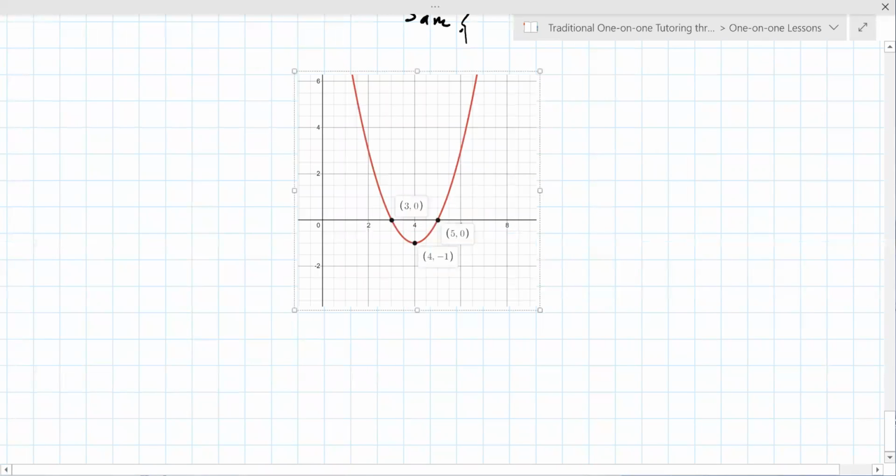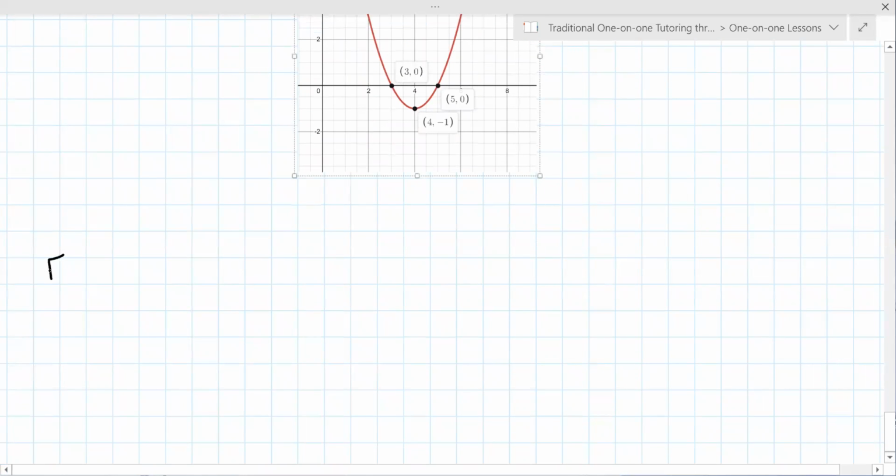I want factored form on the left. And then vertex form on the right. And again, a equals 1.